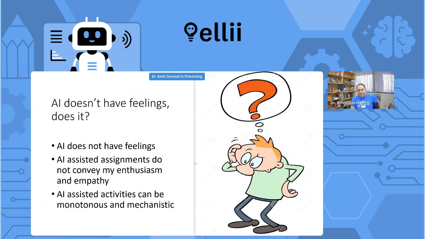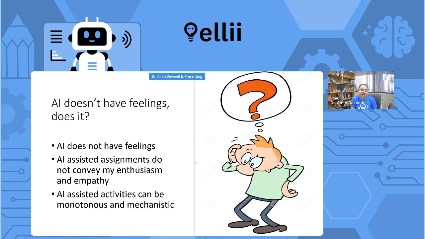One of the things that a lot of teachers nag about, even researchers recently have touched upon, is the fact that artificial intelligence, well, doesn't have feelings. Or does it? That's another interesting conversation that we can have.